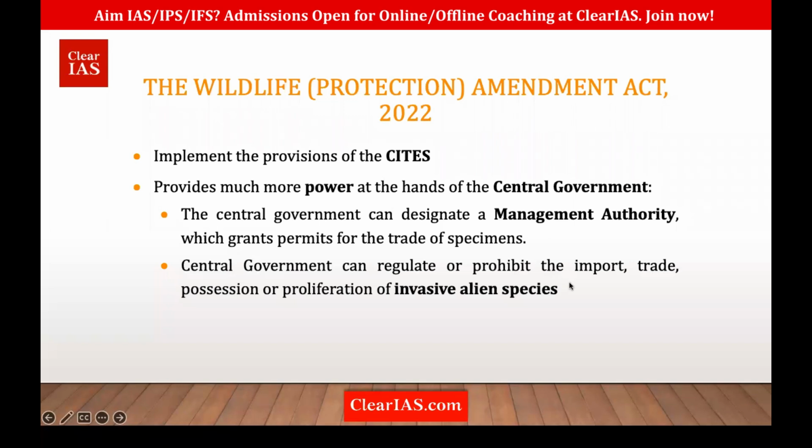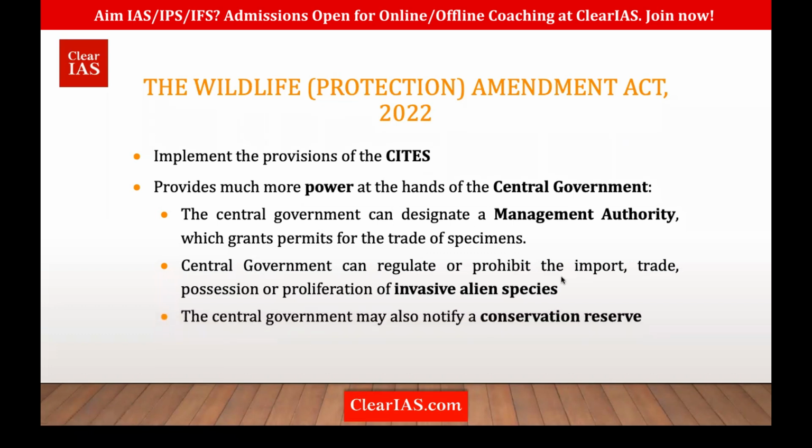Their import, their trade, whatever is related to invasive alien species is restricted by the central government. Another role: the central government is also given power to designate a conservation reserve. We'll see what a conservation reserve is later on, but just remember that for conservation reserves also, the central government has power now.